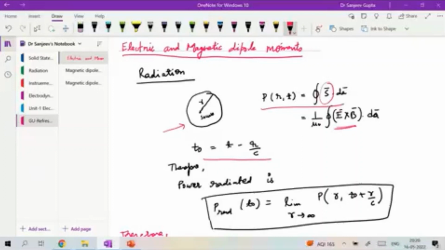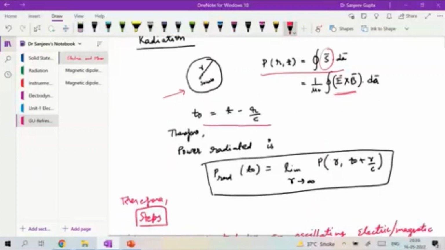Therefore, the power radiated is the limit as r tends to infinity of the power at r and time t0 plus r by c. This is the general concept of radiation.